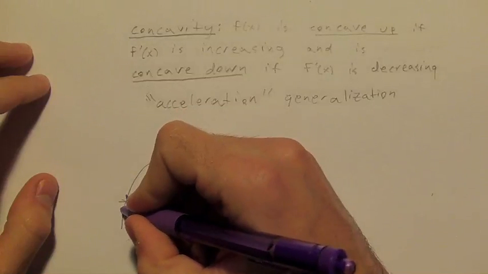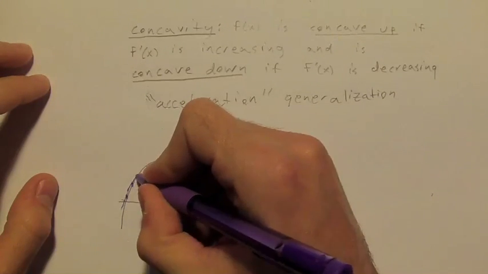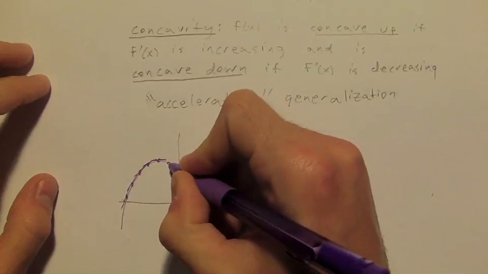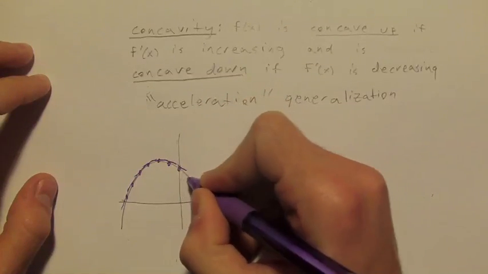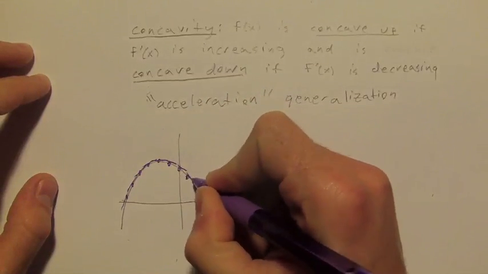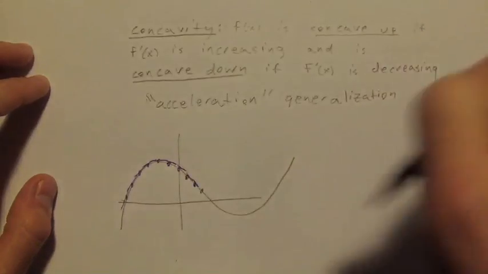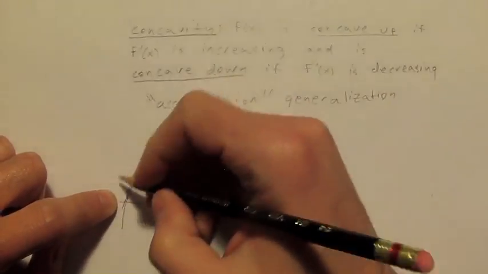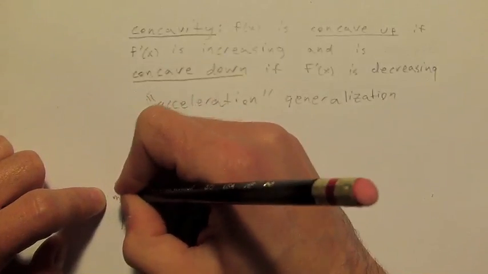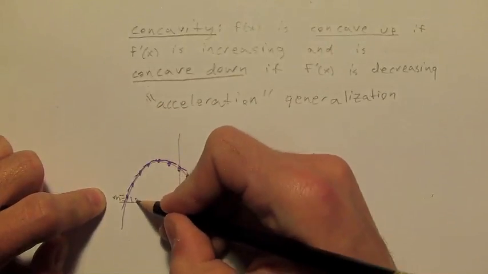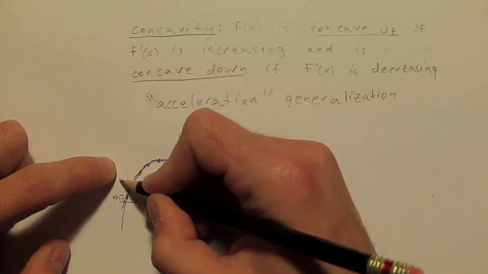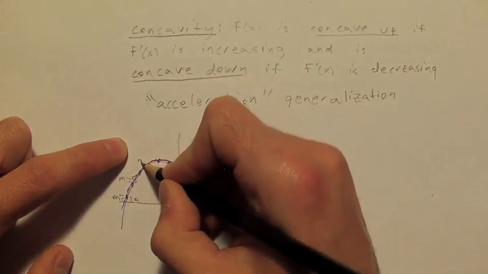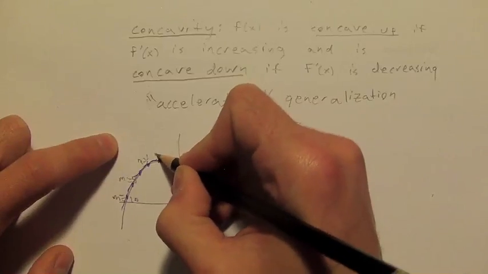So with this graph, if I look at the tangent lines of this graph as x increases, I see that the slope starts really positive, really steep. So this might be a slope of like 10, and this might be a slope of, I don't know, 5, and this might be 1/2, and this is definitely 0.